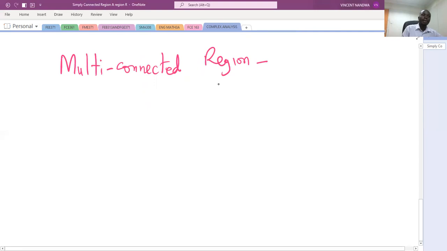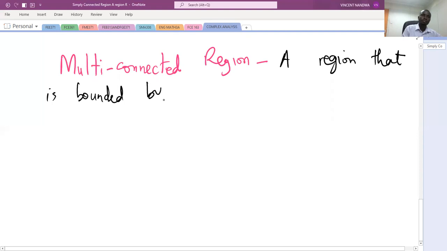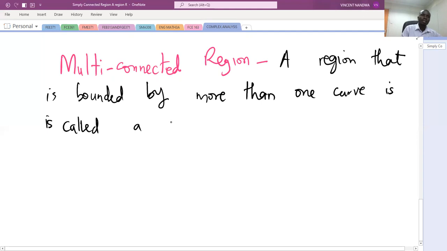So we say that a region that is bounded by more than one curve is called a multiply connected, or simply multi-connected, region.